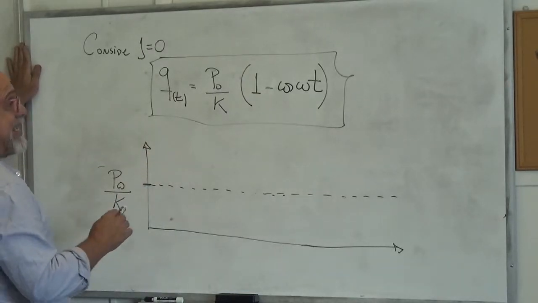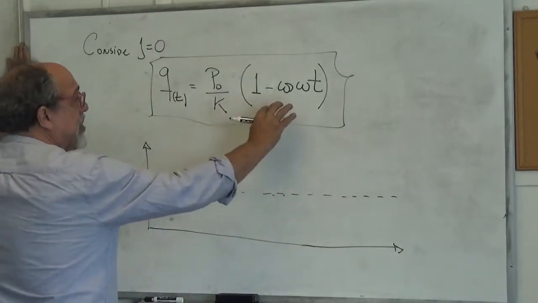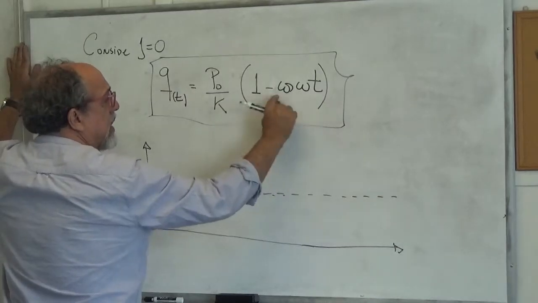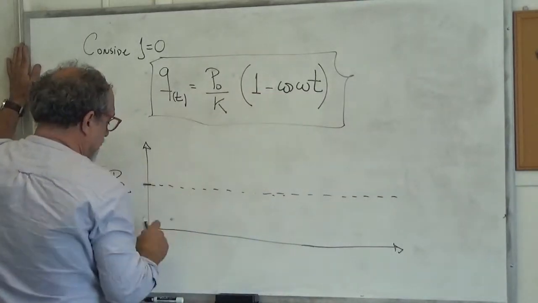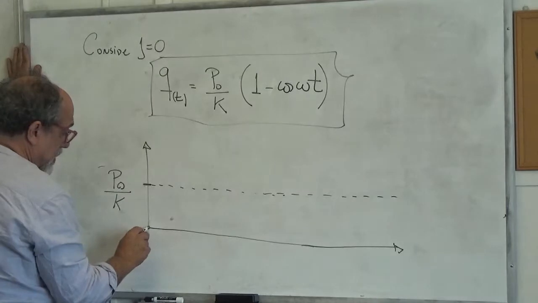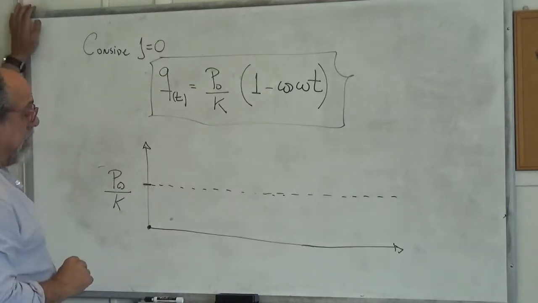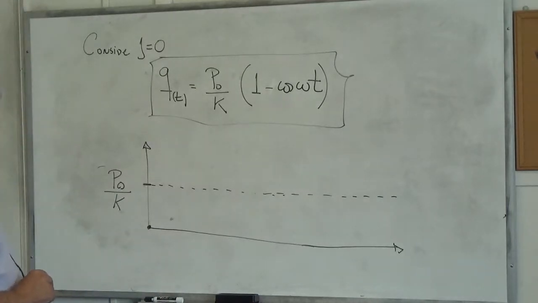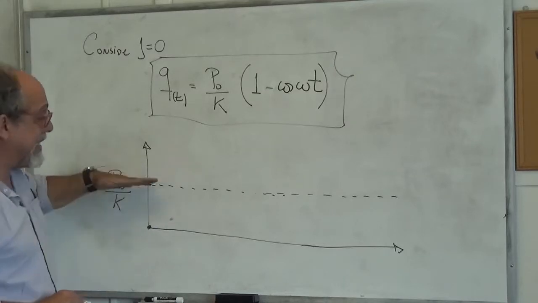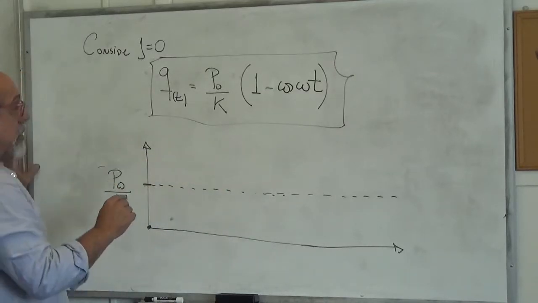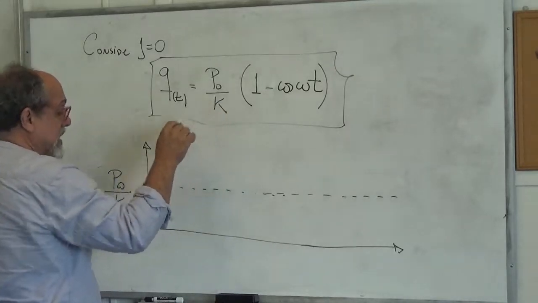Now, in reality, at time t equal to 0, cosine is 1, right? And 1 minus 1 is 0. And therefore we already agreed that we're starting at 0. So if we apply the load as a blast suddenly, then the response will actually start at 0.